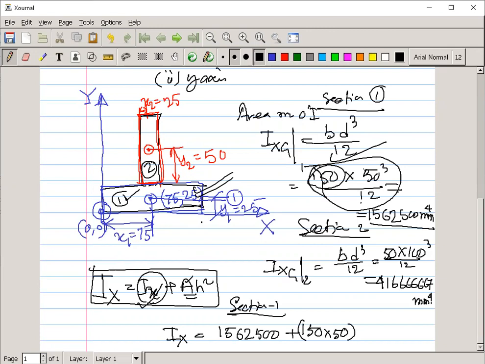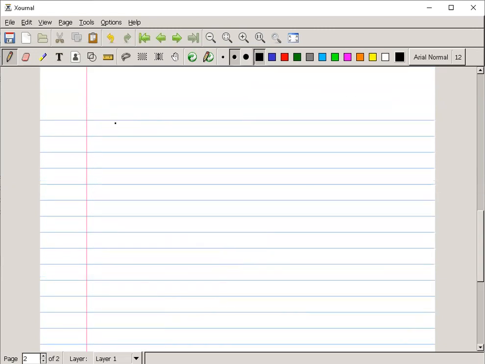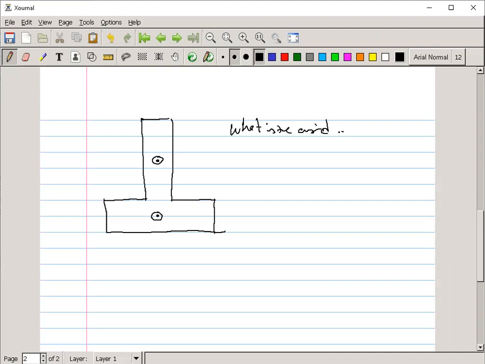First let me explain that part. The composite is like this, right? This is your T. I already told you this is your centroid for section 1, and this is your centroid for section 2. But what is the centroid of this T section?